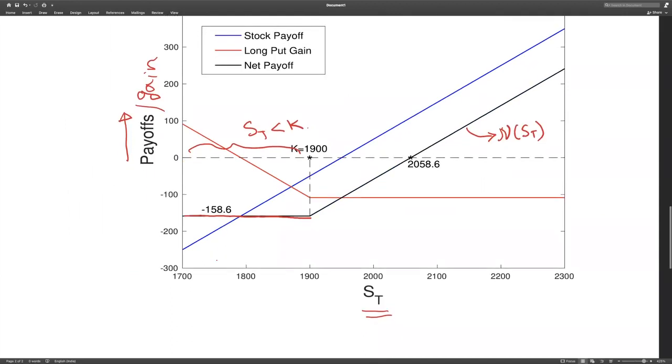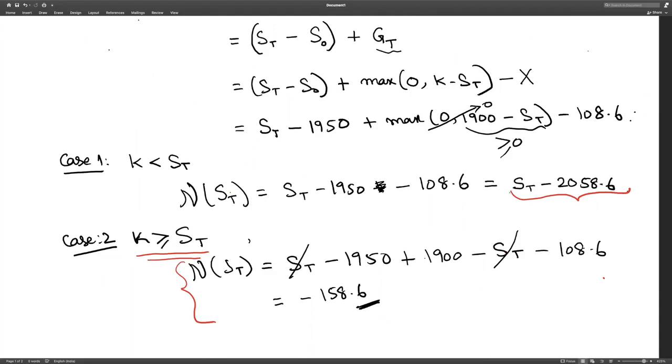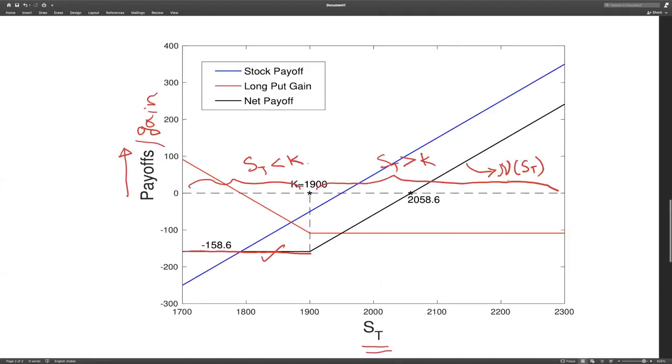So that is what is seen here. And for this region, that is ST is greater than K, you can see that the net payoff is given by this, and therefore it is just a straight line, making an angle of 45 degrees with the x-axis.